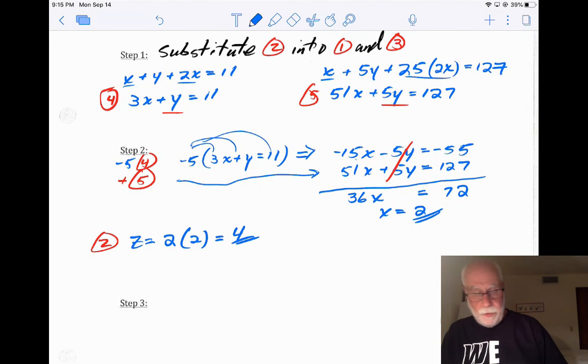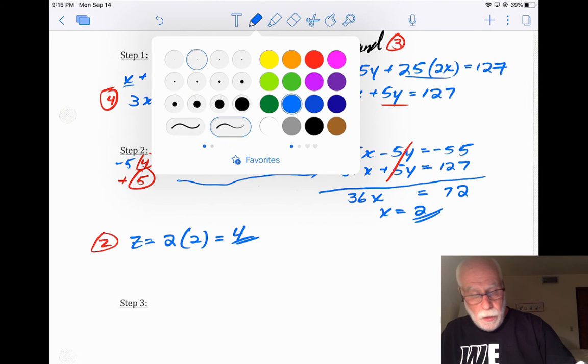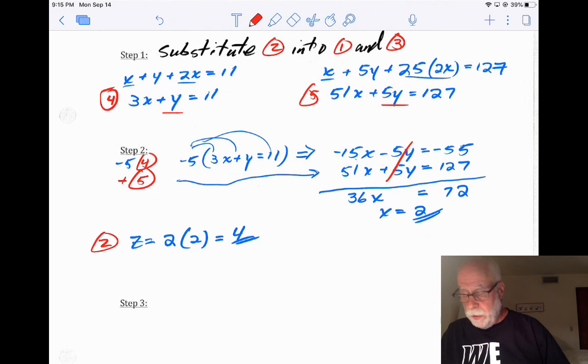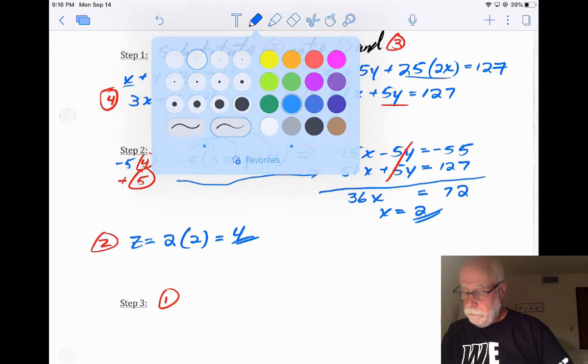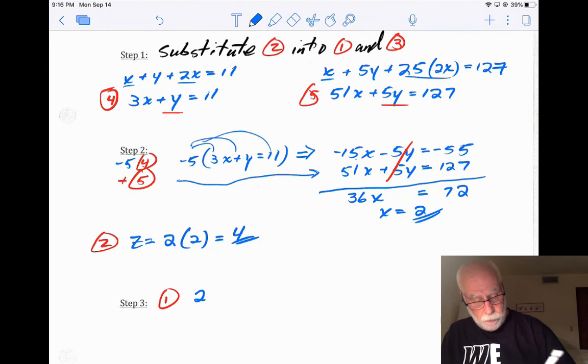And then step 3, use 1, 2, or 3. I think 1 is still the easiest one. So I'm going to take 2, which was my x, plus y, plus my z, which is 4, is equal to 11.